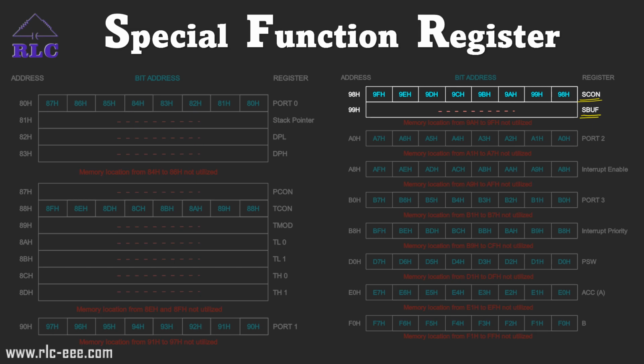The serial communication control register helps in controlling the serial communication. Only the serial communication control register is bit addressable, but the serial buffer is only byte addressable.